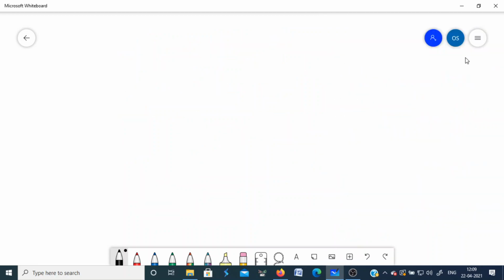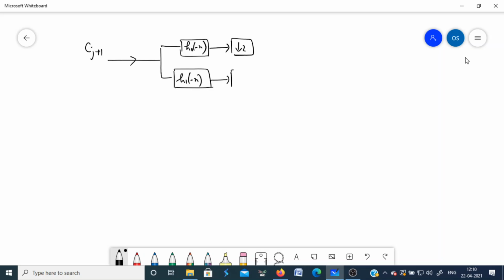Okay, so now this structure will continue. We start from a scale, suppose j plus 1. So by passing this through a series of filters h0 of minus n and h1 of minus n, this is the scaling and the wavelet filters, and then decimate by a factor of 2, you will get scaling expansion coefficients at scale j and detailed coefficients at level j.